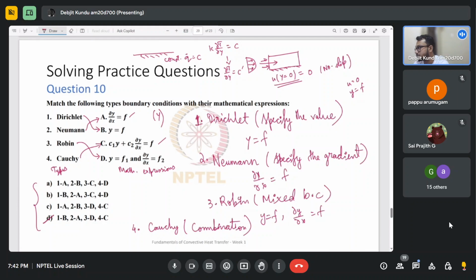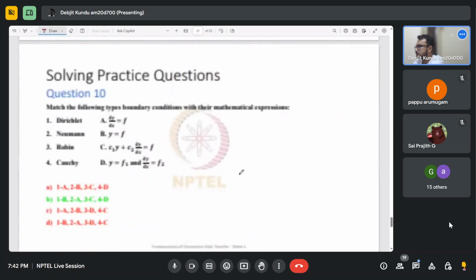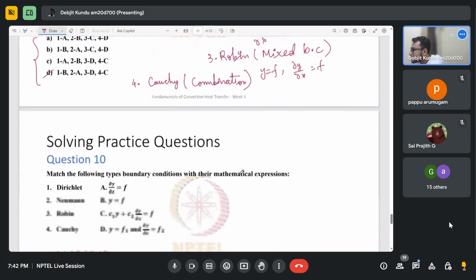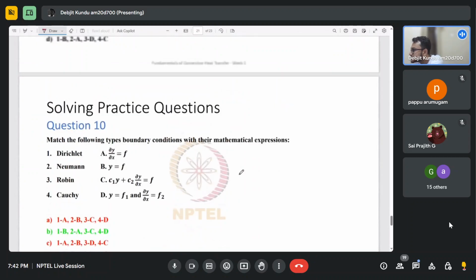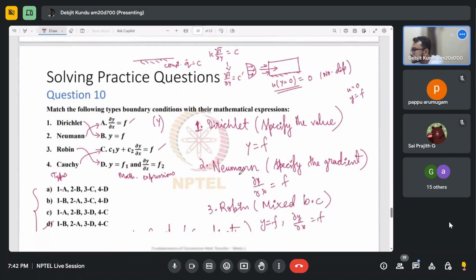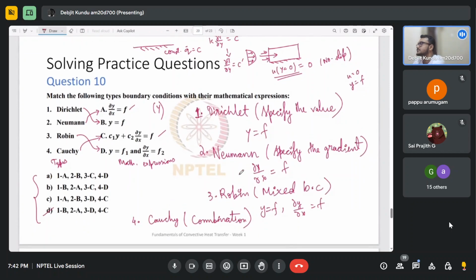So option D should be correct. Let's have a look at the solution. Sorry. It says 3C 4D, so I must have 3C and 4D. Okay, sorry.